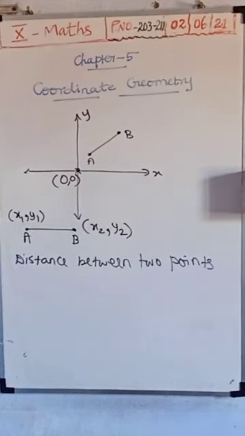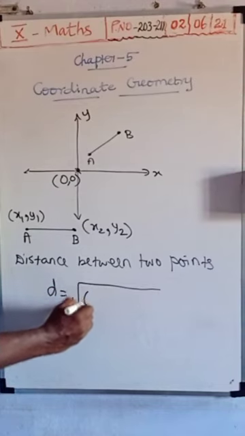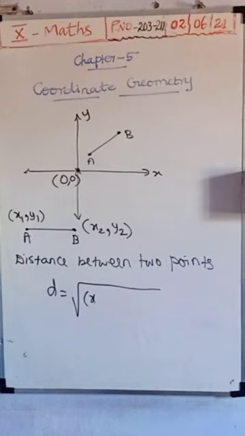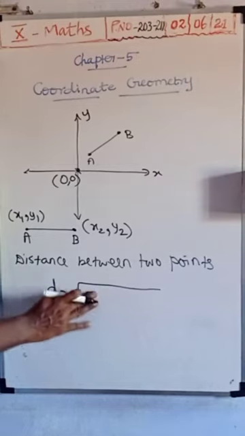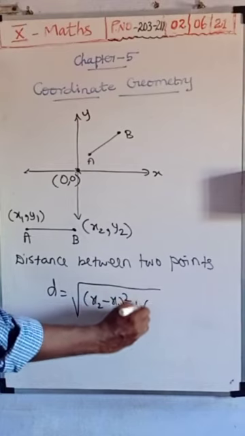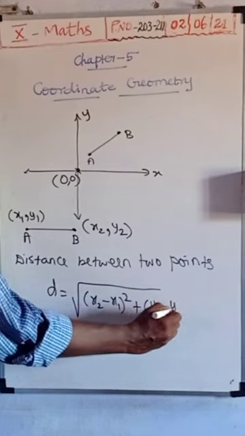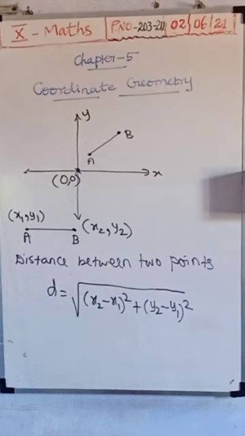The distance d is equal to the square root of (x2 minus x1) the whole square plus (y2 minus y1) the whole square. So without using the graph, using this formula, we will get the answer. This is the distance formula.